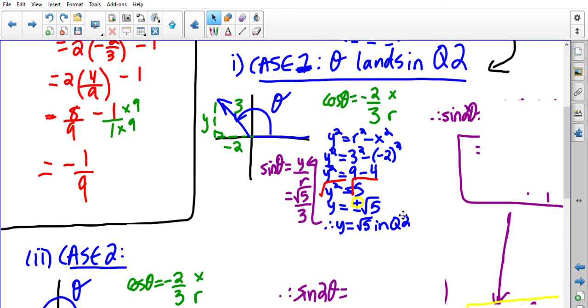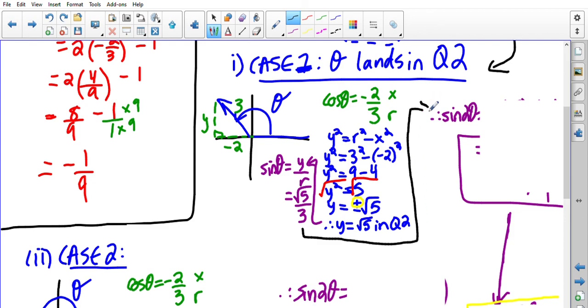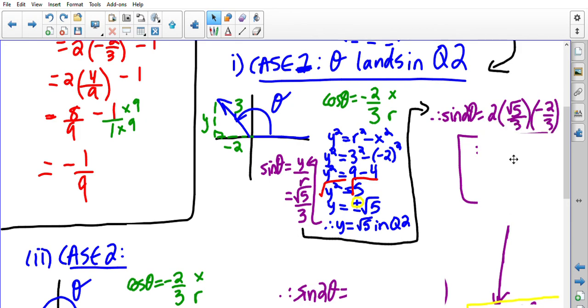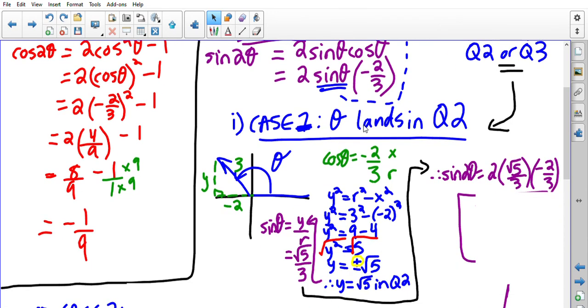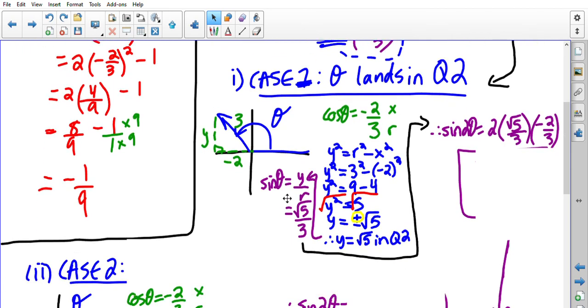Let's come over here and use that. So sine 2 theta, let's review the formula, which I'm picking up from here, maintained in the purple. That would be 2 times sine theta, which in this scenario is root 5 over 3, times negative 2 over 3.